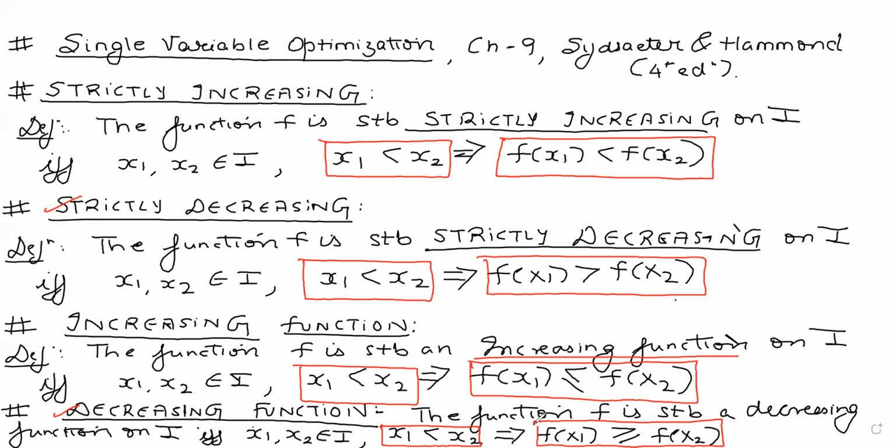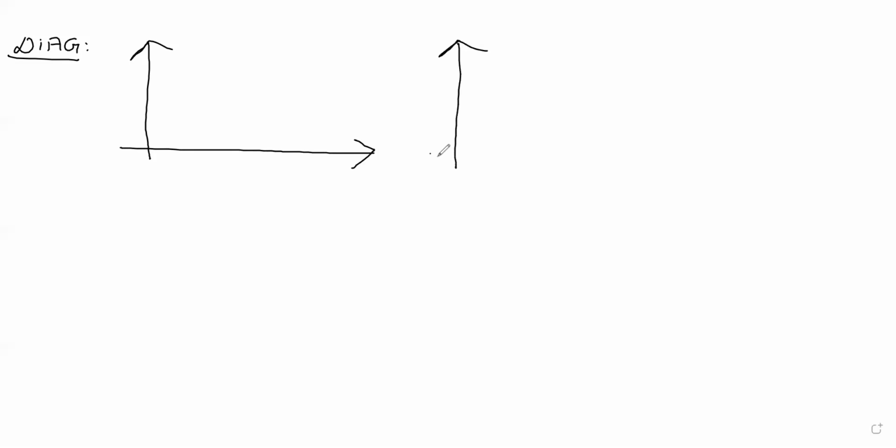So hoping all students have understood these four definitions, which you can see on your screens. Okay, now we can draw diagrams. Let's look at these diagrams which make it even more clear. So 4 diagrams I am drawing on the screen, and all these 4 diagrams represent strictly increasing and strictly decreasing functions.